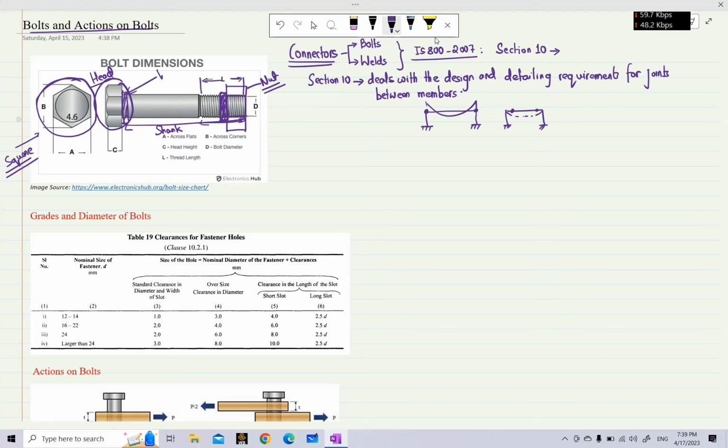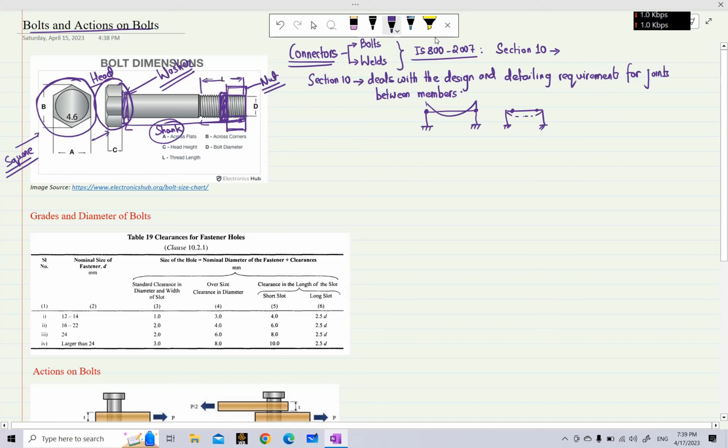The function of the washer is to properly distribute the clamping forces that we apply using wrenches or any other tool. So this is the general definition of a bolt. This is the head, this is the shank, and we use a nut at the threaded portion.